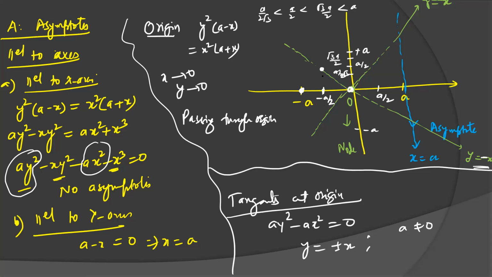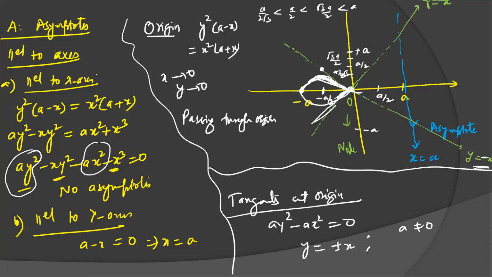So you get a point below the line y equal to minus x. So you will make the curve like this. It will start from here and end at 0 here, and it is symmetric about the x-axis. So a similar curve you will get here, and at the origin you are getting the tangent.